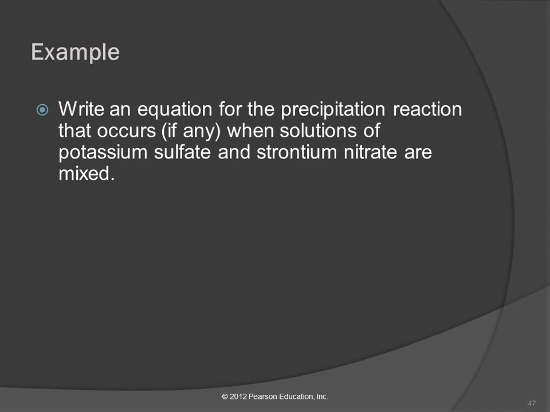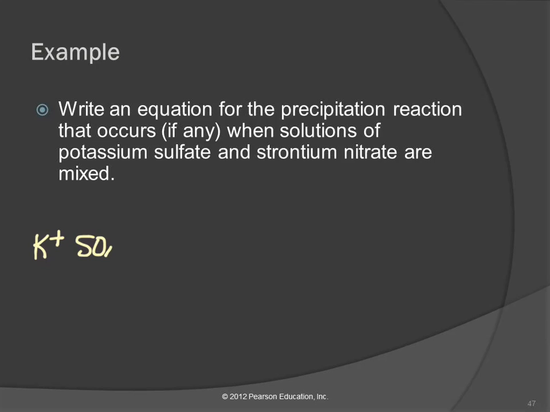Here's another one. Potassium sulfate and strontium nitrate. So potassium, K+. Get that from the periodic table. It's in group 1. It's got a +1 charge. Sulfate, we memorize that.